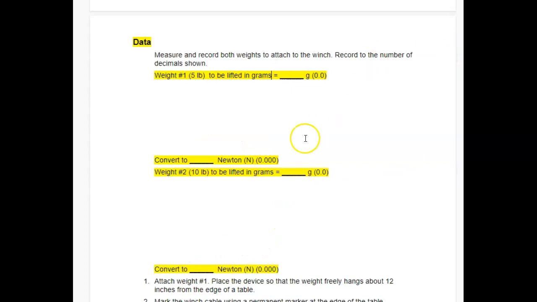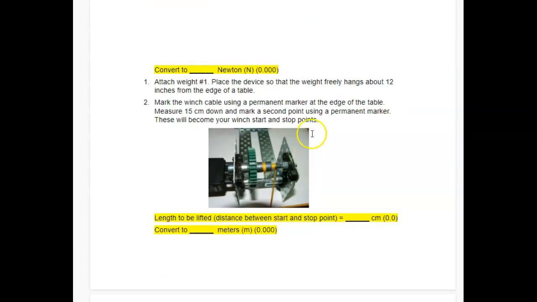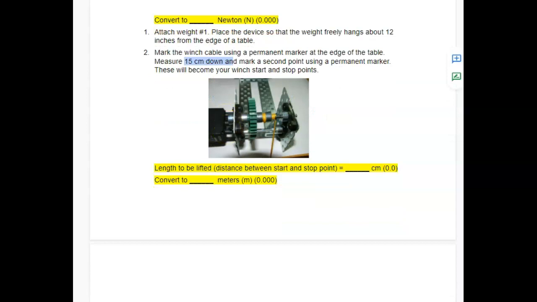Now what we do next in this lab is attach that weight, and they made marks 15 centimeters down from the second point. That's what we're going to lift. So we're going to lift this thing 15 centimeters. How many meters is that? This is something you should remember. We have to convert centimeters to meters.